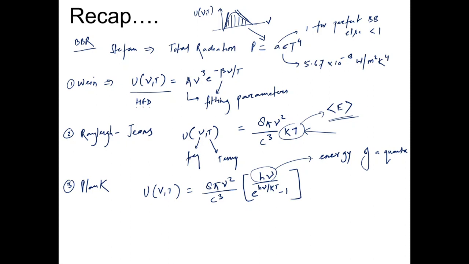The idea was that the energy exchange between matter and radiation would happen in this quantized fashion. So this was all about blackbody radiation. You recollect this formula, and we'll also see later on how for lower frequencies and higher frequencies this easily translates into the Rayleigh-Jeans or Wien's formula respectively.